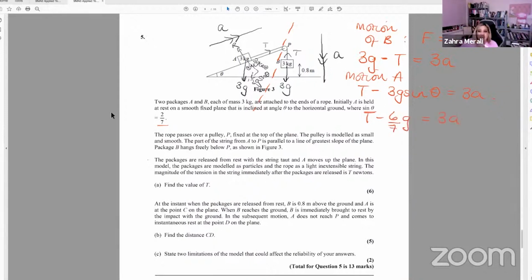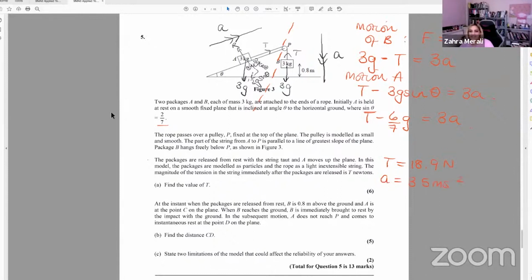Now I would just plug those into the simultaneous equations bit in your calculator and you'll get your two values. If you go to menu, equations, simultaneous equations, you can choose one to be X, one to be Y. So you get T equals 18.9 newtons, and the acceleration comes out to be 3.5 meters per second squared.